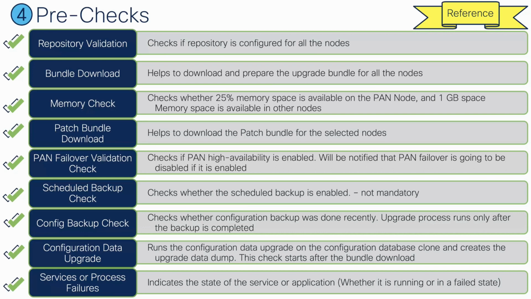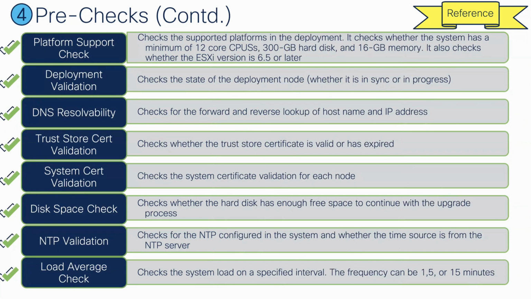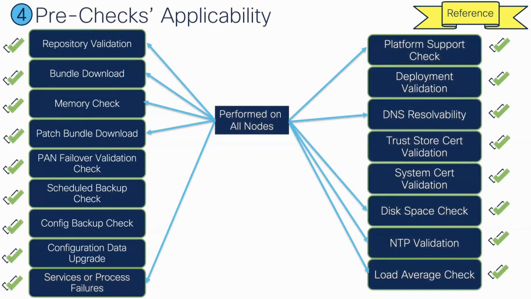That's where it's going to generate the upgrade DB bundle. And it's going to validate the services and processes, whether some of them are failing or all of them are running in your deployment. Not only that, these are some of the other pre-checks it's going to validate. It's going to validate NTP, and so on and so forth. Now the question comes up: are these pre-checks going to be validated on each and every node?